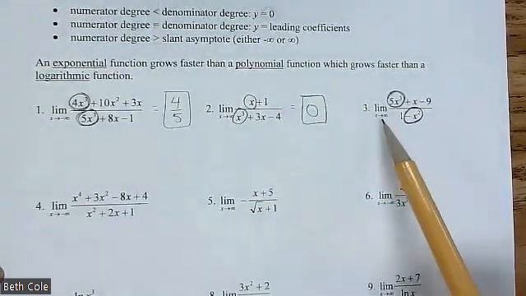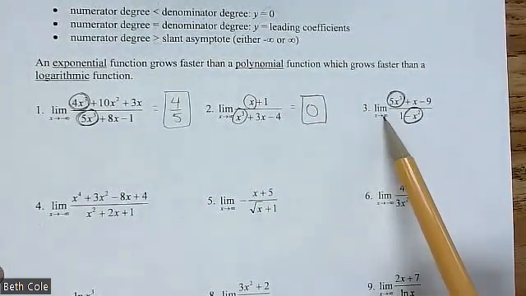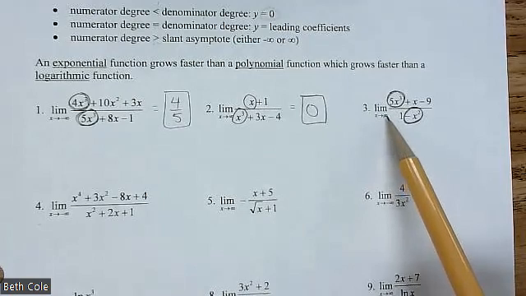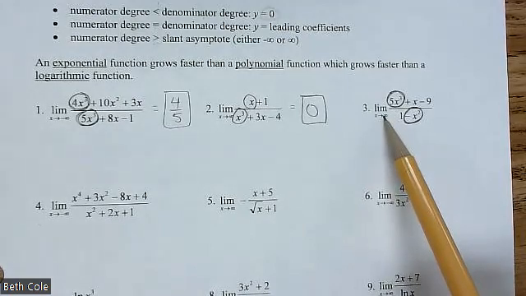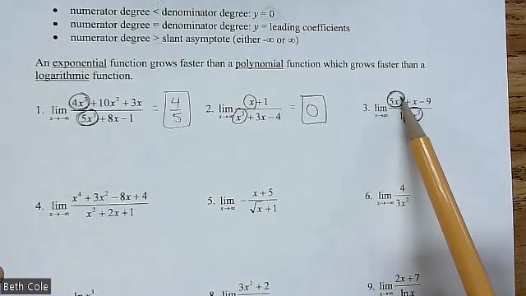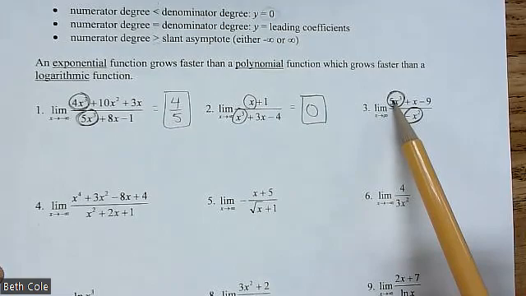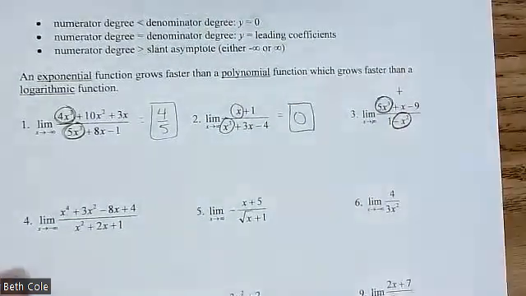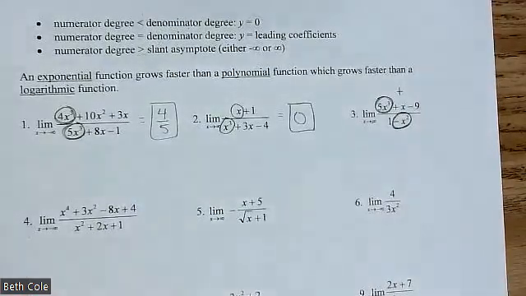What you want to do in this case, do you see how it's approaching negative infinity? We're going to imagine, do you have an imagination? You're going to imagine plugging in a really big positive number. You ready? If you take a really big positive number to the third, it is still a really big positive number. And then if you multiply it by 5, it's still a really big positive number, right? So the numerator is positive. I usually just write a note to self.